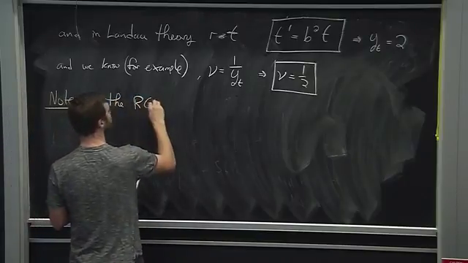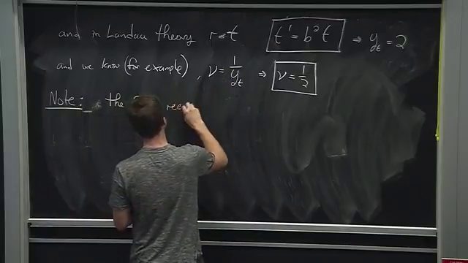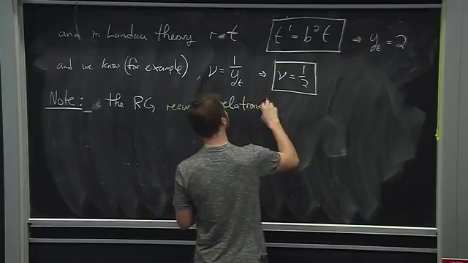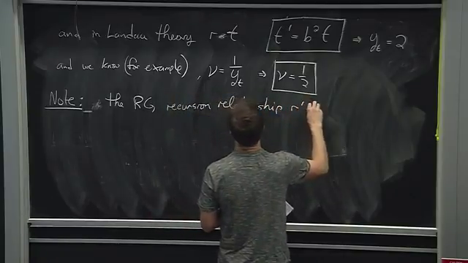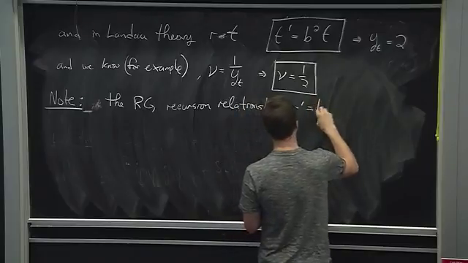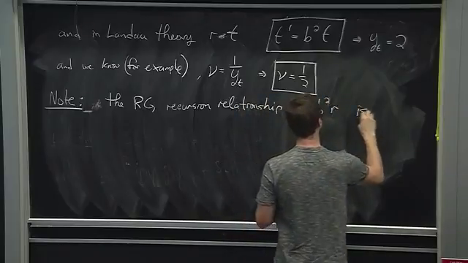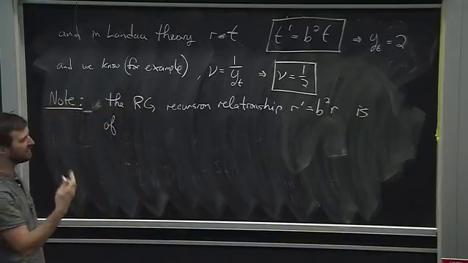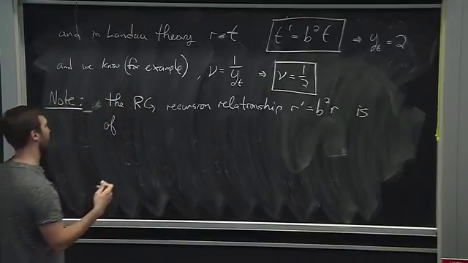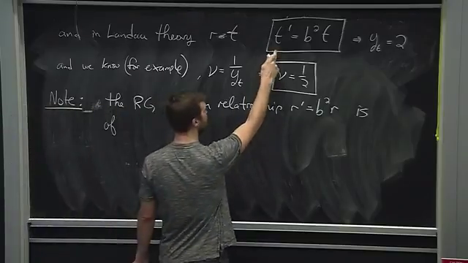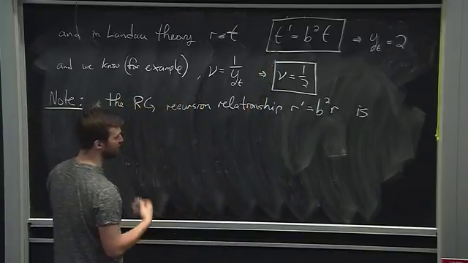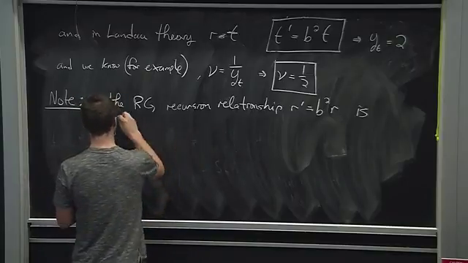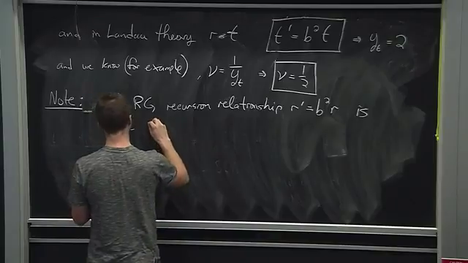The RG recursion relationship, R prime equals B squared R, that's the thing you're analyzing. In this case, it's so trivial, it doesn't matter. But it's really this equation, the analysis of that step, which gives you all the power of the renormalization group. So that relationship is usually written different.